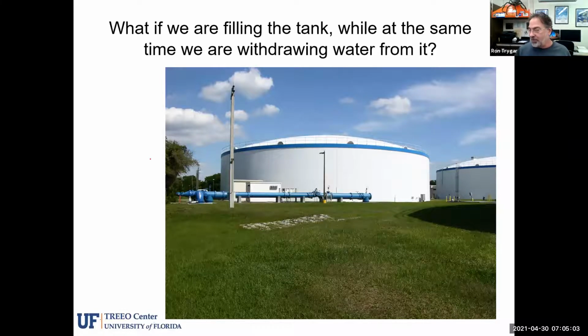We actually have liquid coming into the tank, and we have water coming out of the tank, going out this pipe here. So now we're getting even more tricky. We have to figure out how many hours, or how many days of storage we have before the tanks are empty if we're flowing at certain rates. So that's what we're going to work on next.